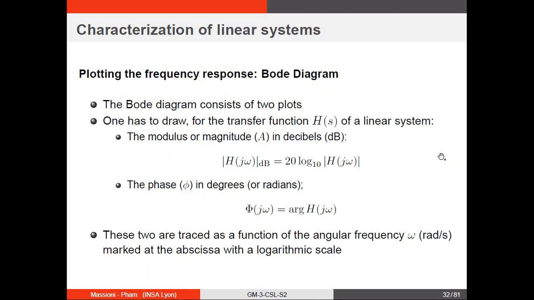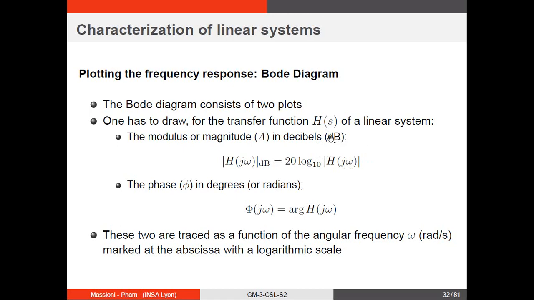So what is the Bode diagram? The Bode diagram is a graphical representation of a transfer function, say, h of s. But pay attention for a second: h of s is a complex-valued function of a complex number. But we realize that it is not so important to see it for any values of s, because what we care about is computing h for s equal to j omega.